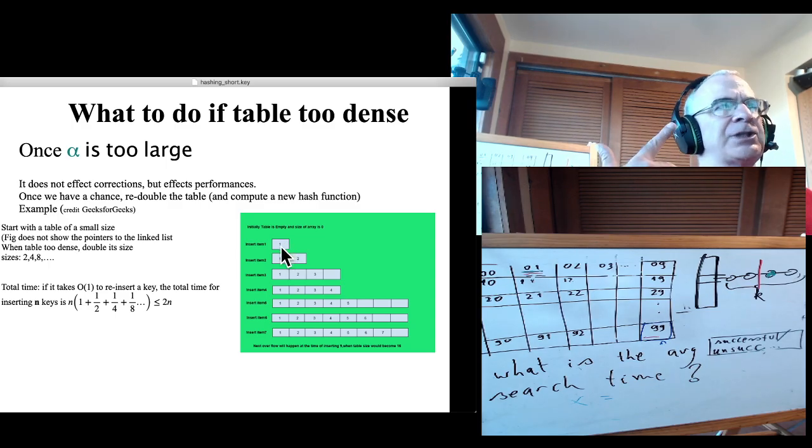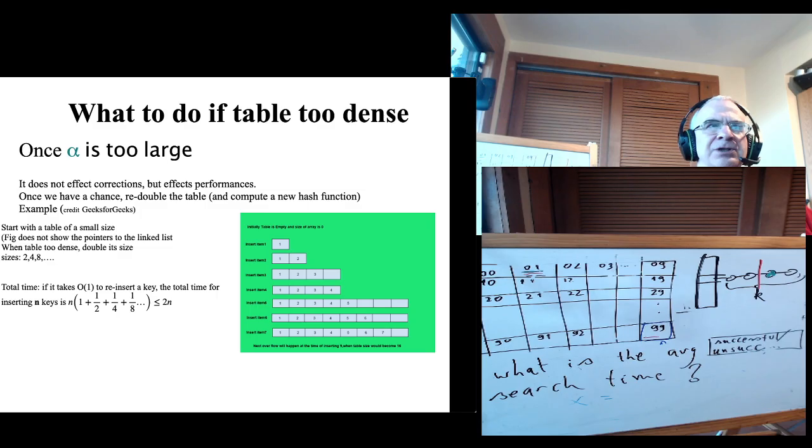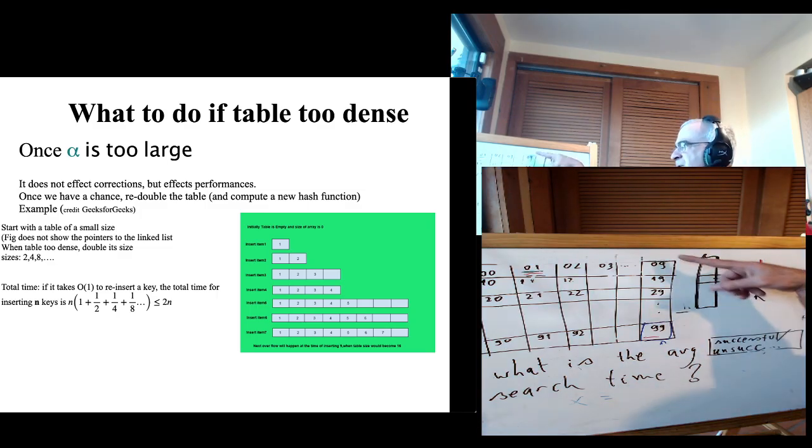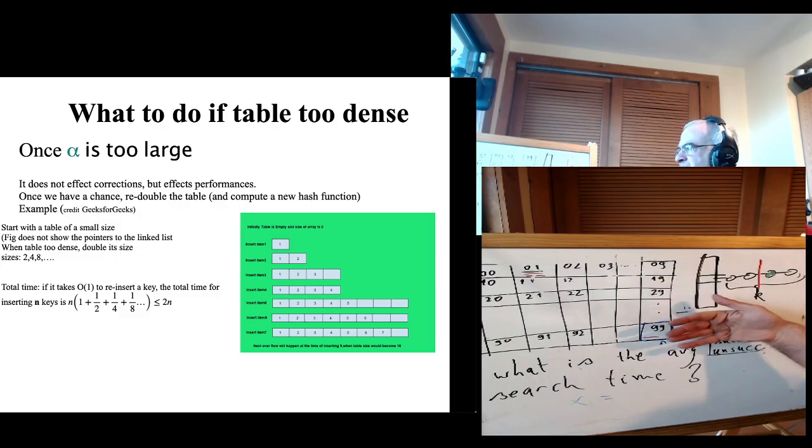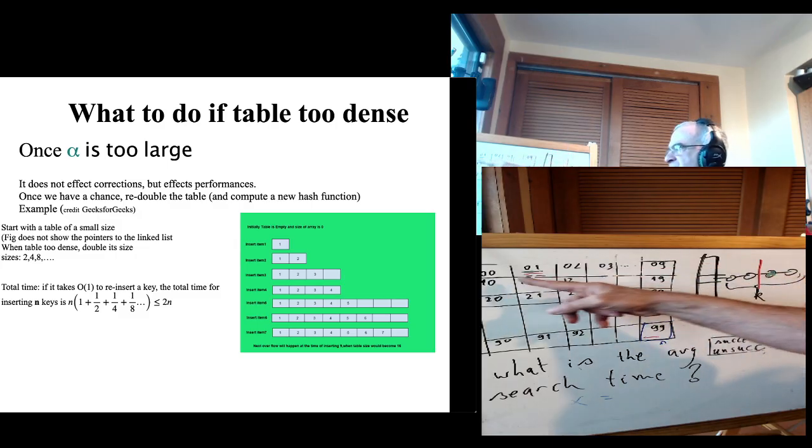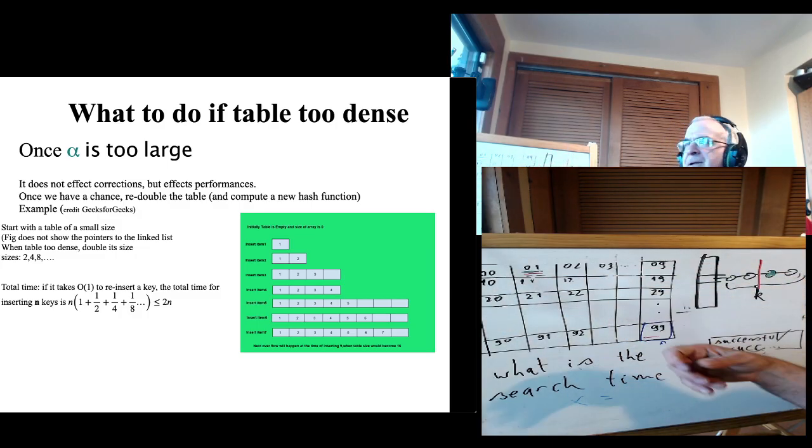Why do I need a new hash table? Because my original hash function, the number that it spits out is always between 1 and m. In the example, it was always between 00 and 99.